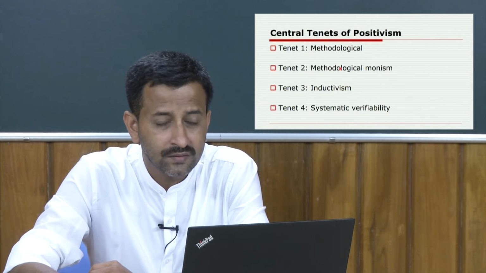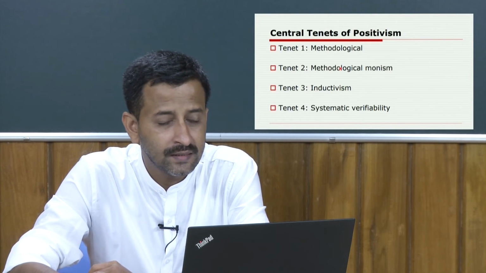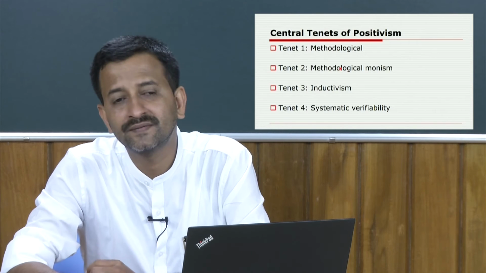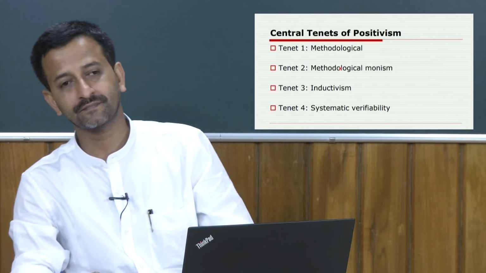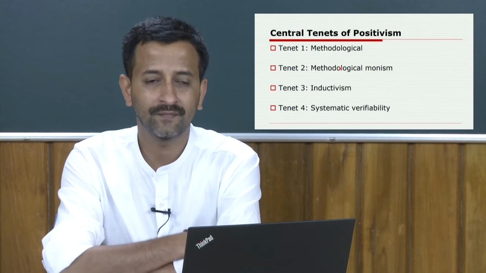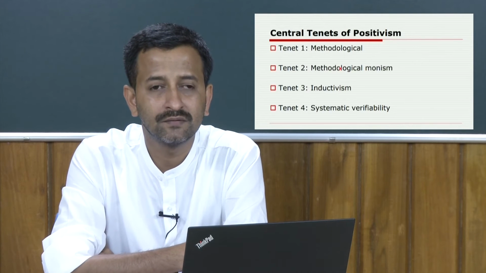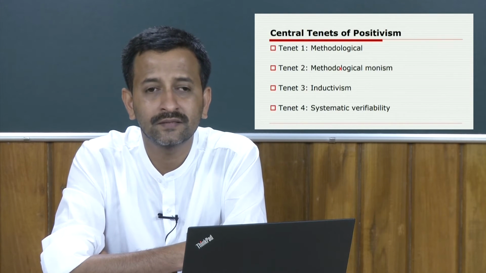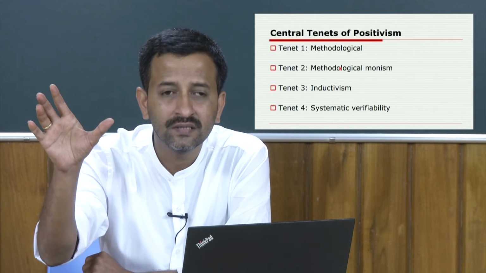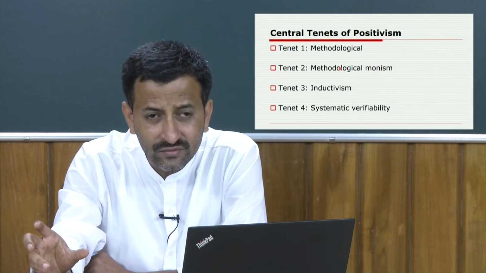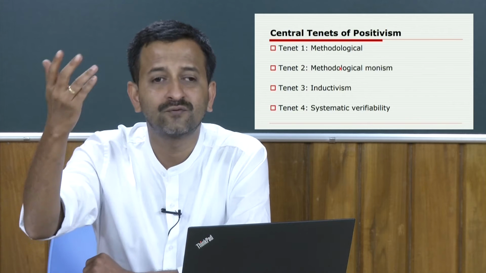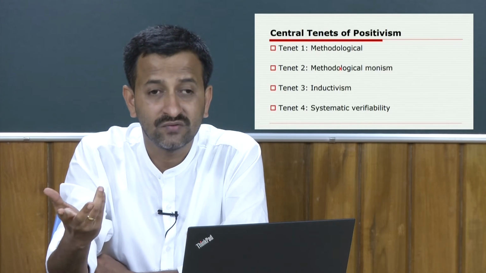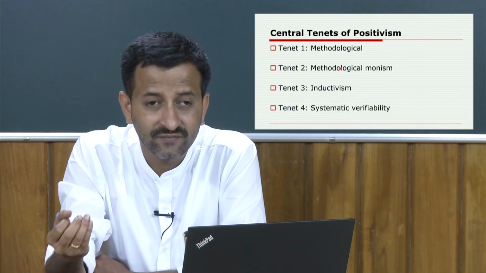Thirdly, the third tenet lies in inductivism, that the method of science is the method of induction. Positivists argue that you start with a particular instance, then provide evidence in terms of premises, and you require at least two premises to arrive at a concrete generalization or derive a conclusion.